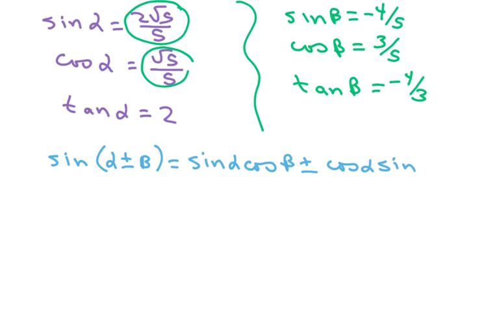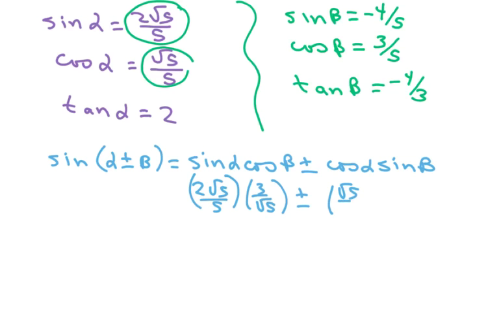I'm going to write sine of alpha, cosine of beta, plus or minus cosine of alpha, sine of beta. And you just fill everything in, and you're going to get 2 square root of 5 over 5 times 3 over 5, plus or minus square root of 5 over 5 times negative 4 over 5.